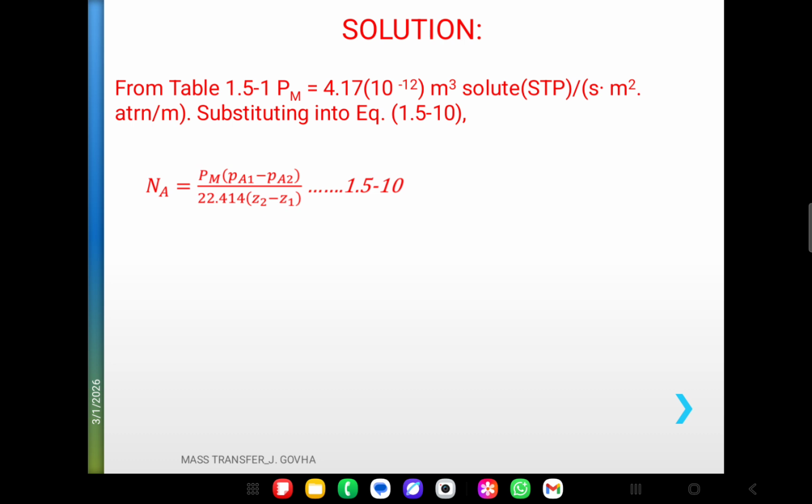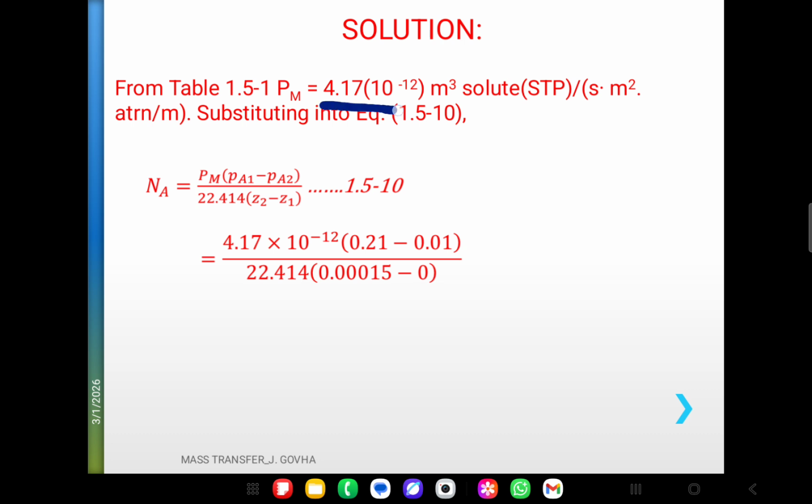So this value is what we then use to calculate.